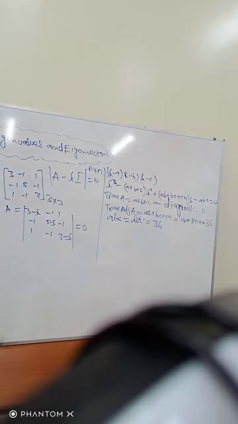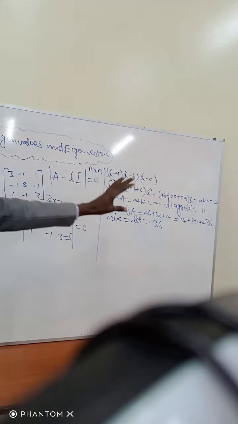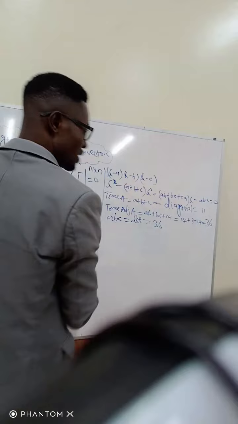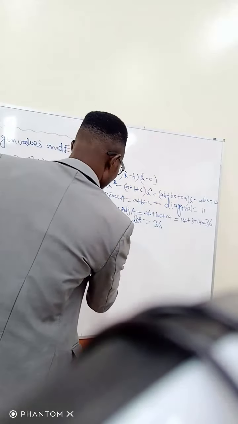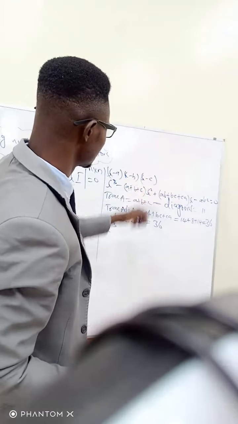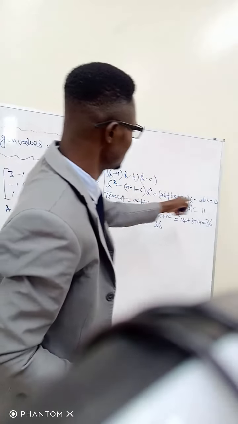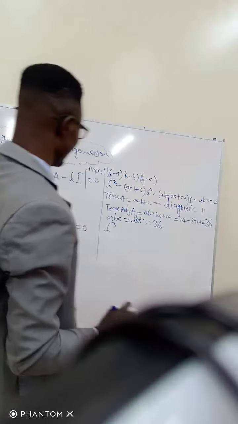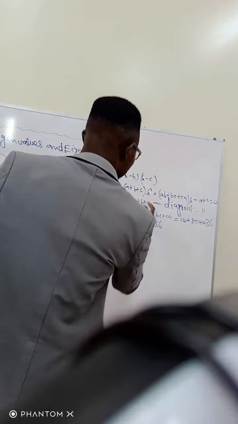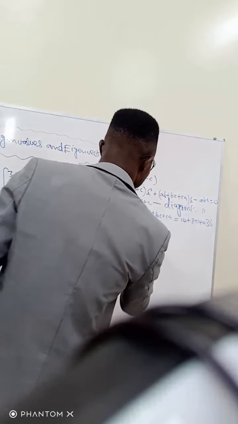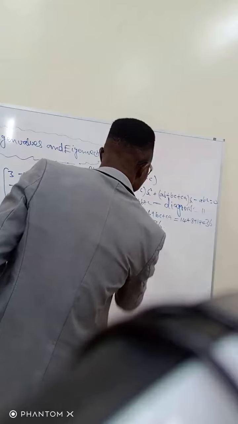So now we are good to go. With these values, we are able to find the equation that we need. Here we have lambda cubed minus (a plus b plus c). Our a plus b plus c is simply the diagonal, which is 11. So it is minus 11 lambda squared.